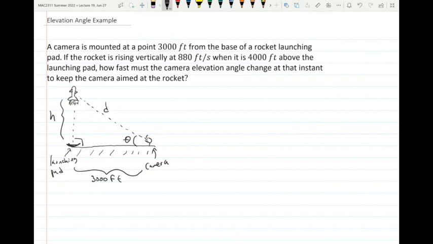I'm going to call this D, which stands for the distance between the camera and the rocket. I don't think it's going to play an important role here because there is no mention of that distance in the problem, but it's part of the picture. So when you have a right triangle with the situation model, is it clear what's going on?